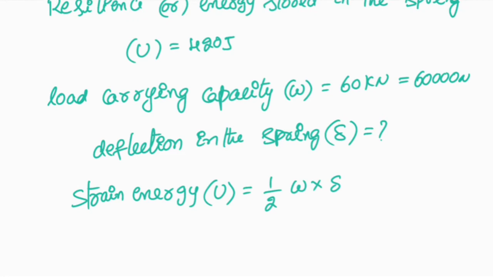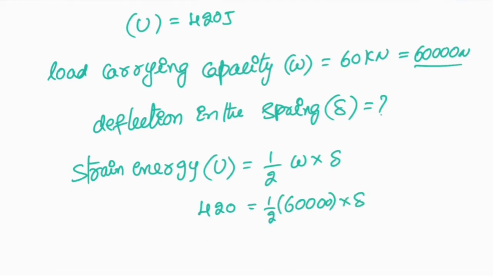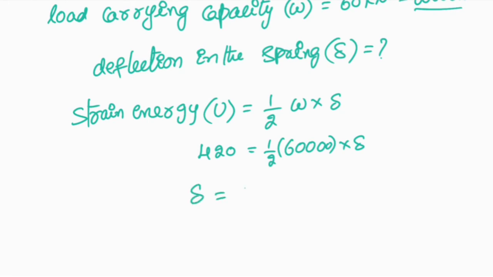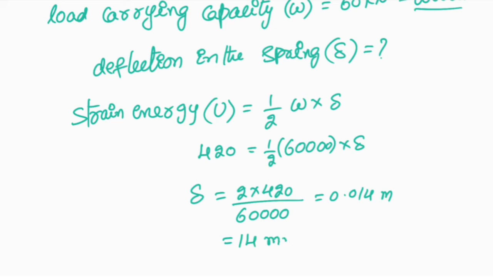But what is the energy U? 420. Let us put them. Half into load, 60,000. Be very careful. Multiplied by deflection. Therefore, deflection equal to 2 into 420 divided by 60,000. You simplify this value to get 0.014 meter. It is equal to 14 mm because options are given in mm. So the maximum deflection in the spring equal to 14 mm.